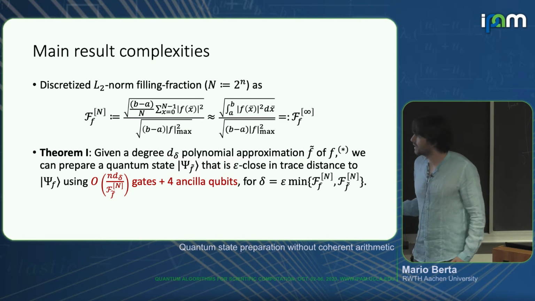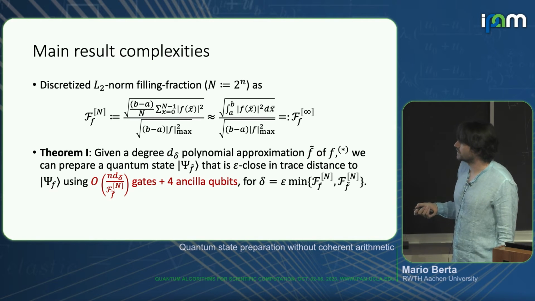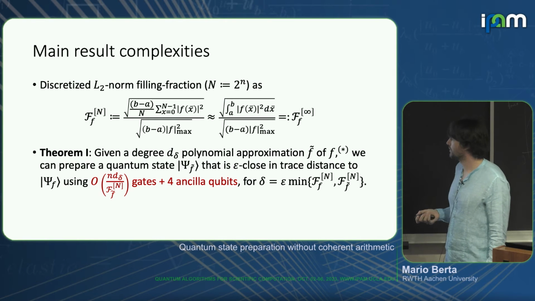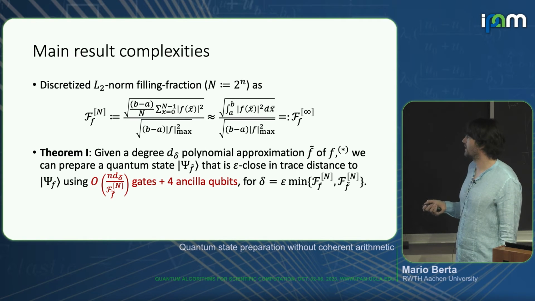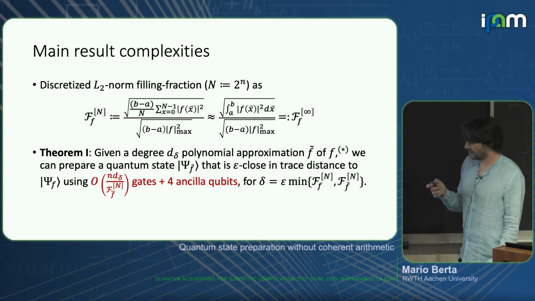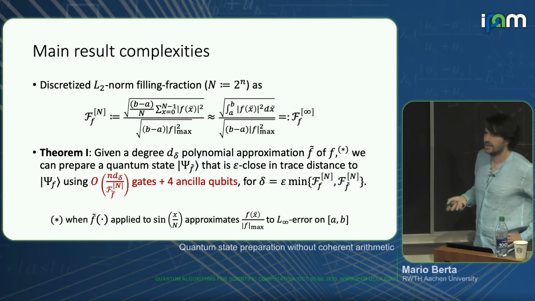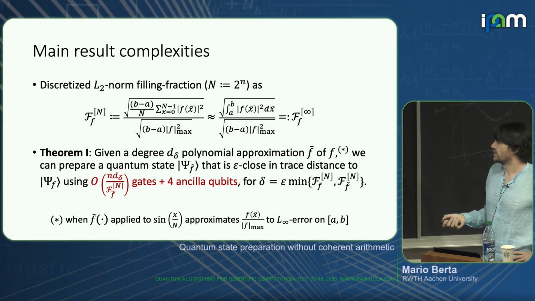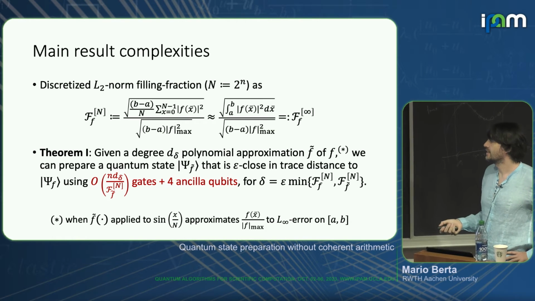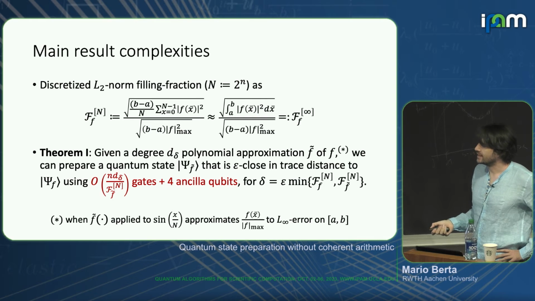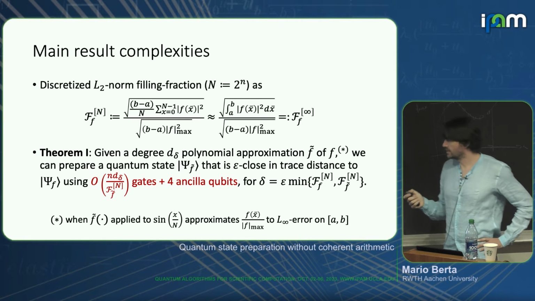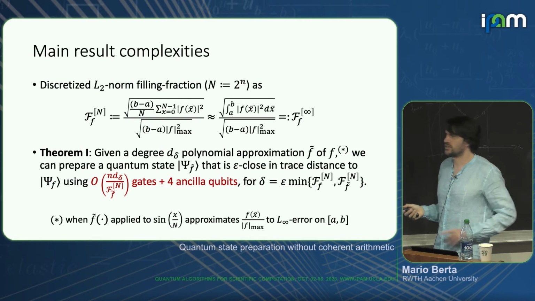But of course, the question is now how this degree scales with respect to this epsilon that you want to get to. And the delta scales with epsilon, and again, a factor of this filling fraction. And there's this star here. More technically, you have this pre-processing, this arc sine thing. You have to also normalize things to fit in the framework. And for these worst case guarantees to work, you need an L infinity approximation. Okay, so this is the general statement.